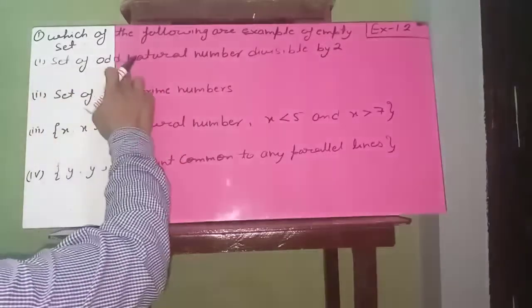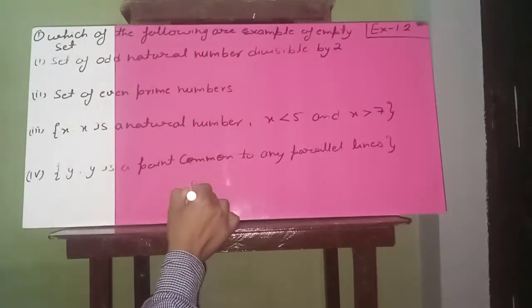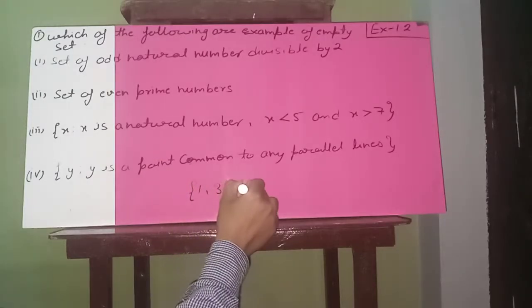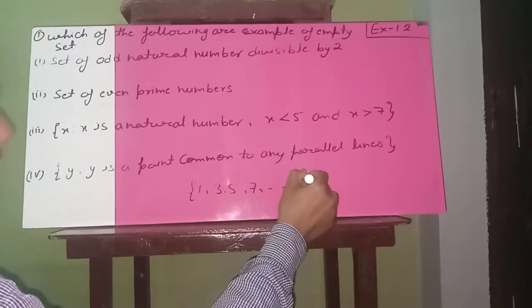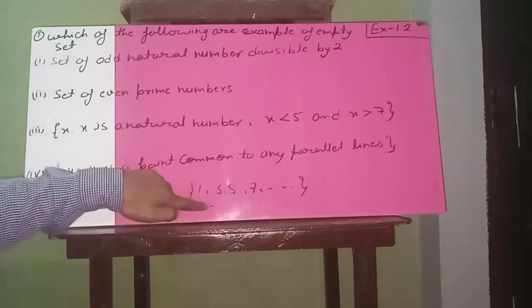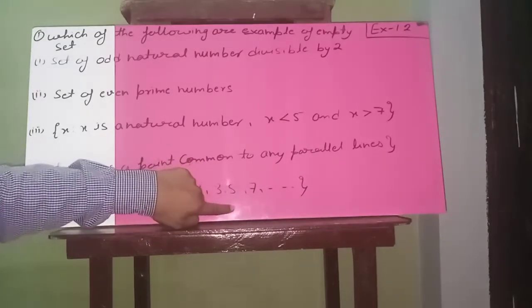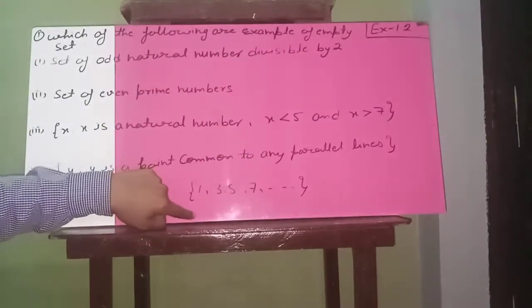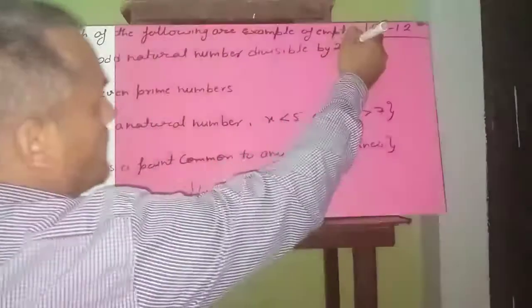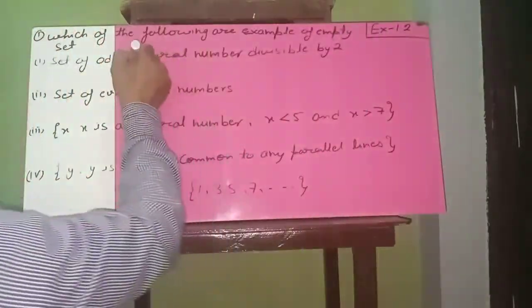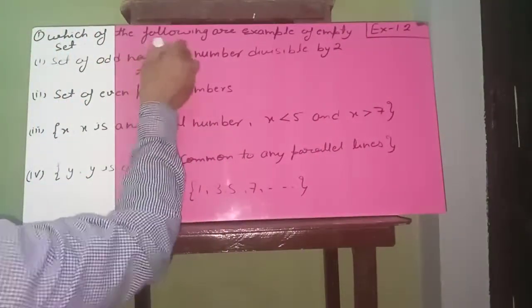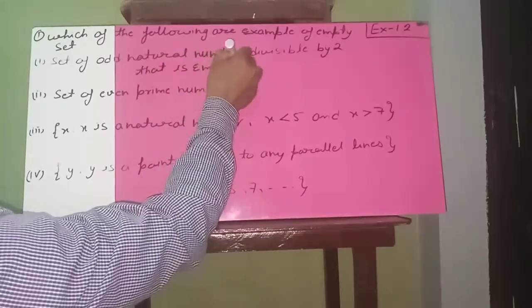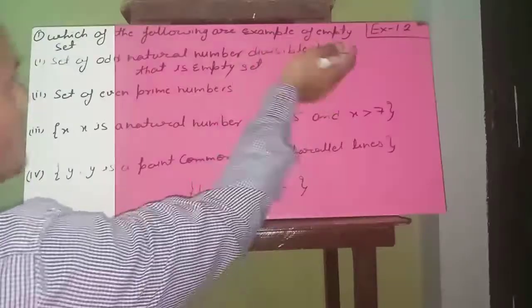At first I write the set of odd natural numbers: 1, 3, 5, 7, and so on. That is the odd natural numbers.